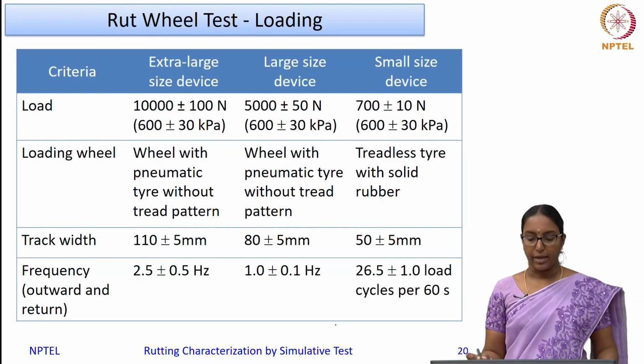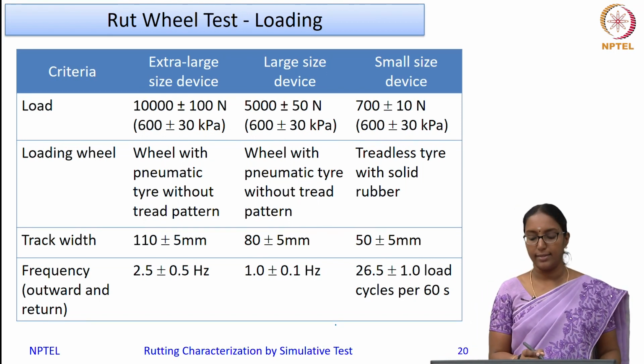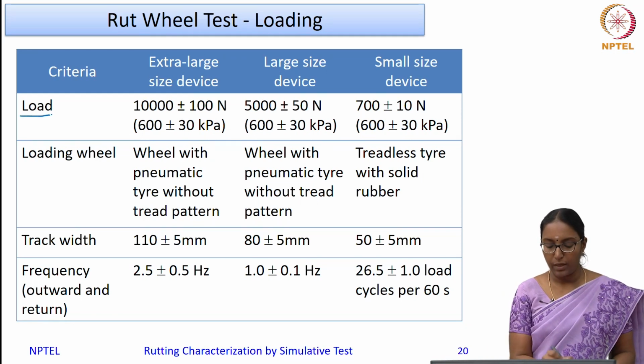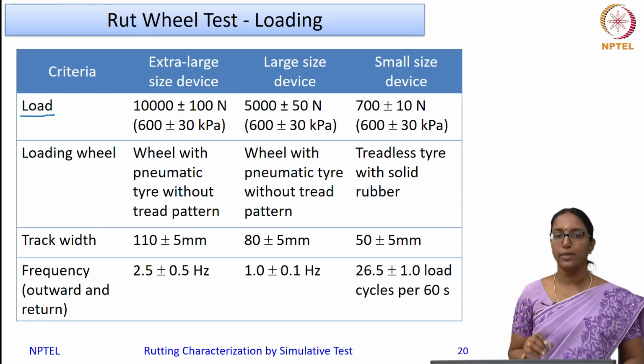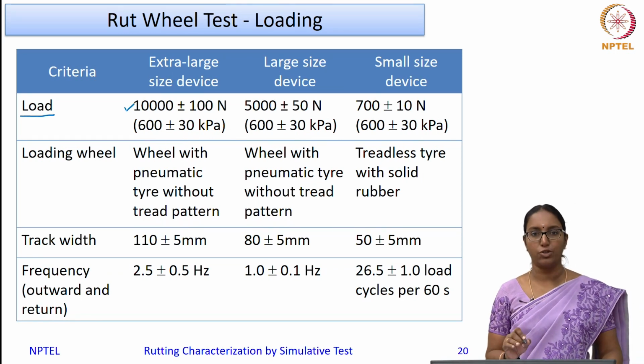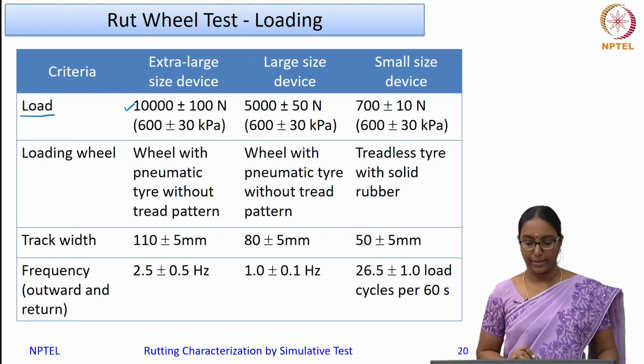This is a classification or comparison of the different devices: the extra large size, the large size and the small size device. For the loading, in the case of an extra large size device, you go for a loading of 10,000 Newton plus or minus 100 Newton, and the pressure applied through the wheel load is 600 kPa.